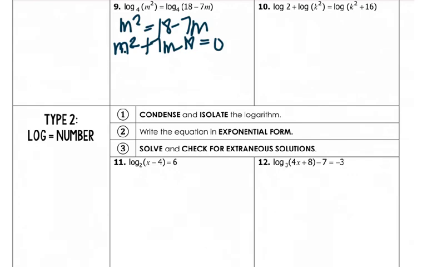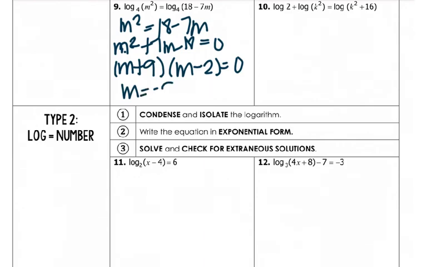So then from there, I need two numbers that add together to get positive 7 and multiply together to get negative 18. If you think about it for a minute, you realize your numbers are 9 and negative 2. And so then we have m equals negative 9, m equals positive 2.